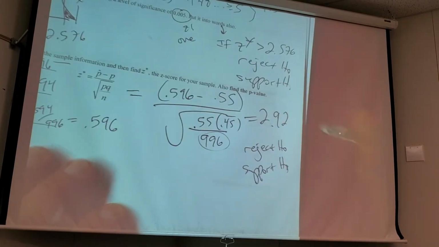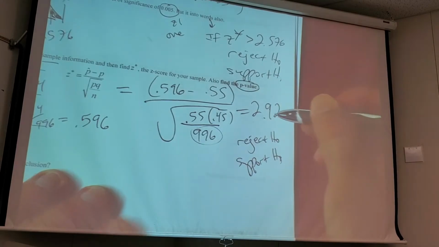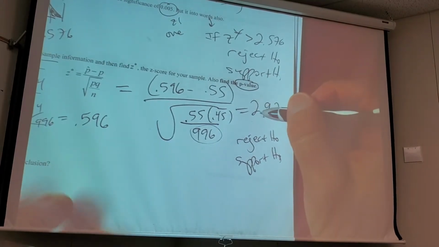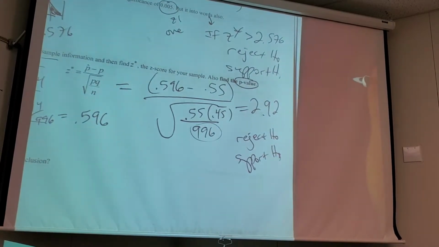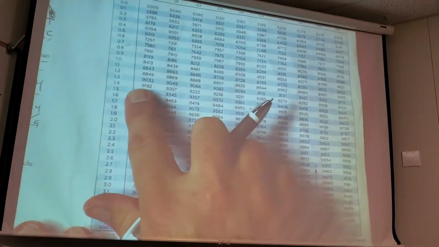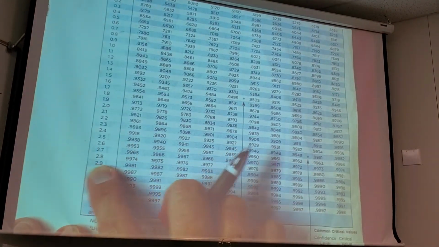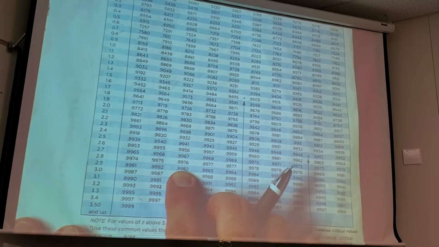Can somebody find the p-value for me? It's only a one-tailed test, so you don't have to worry about doubling anything. 0.9982, beautiful, because this is what's not in the tail.